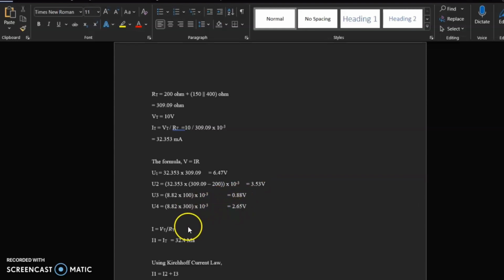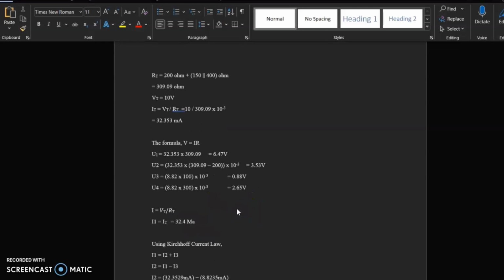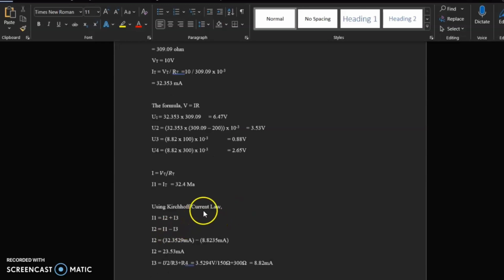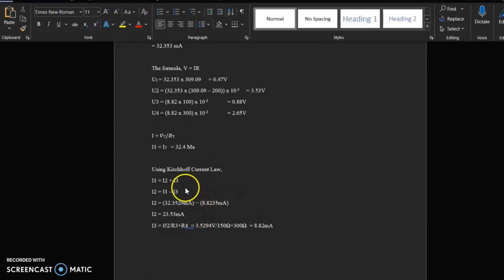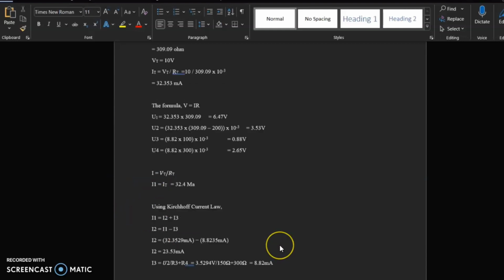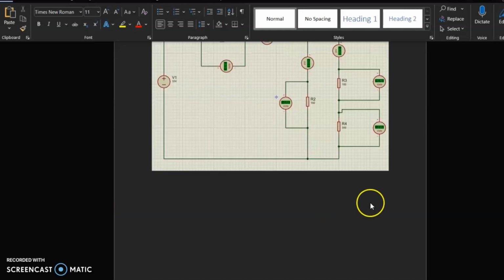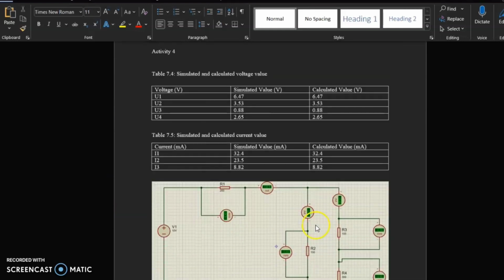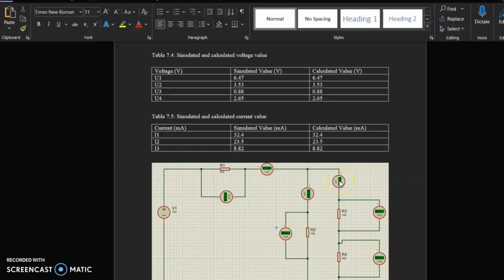For resistor 4, I got 2.65 volts. And to find the value of current 1, current 2, and current 3, I use Kirchhoff's current law. To compare the current in both the simulated and calculated values, I got the same value on both sides.